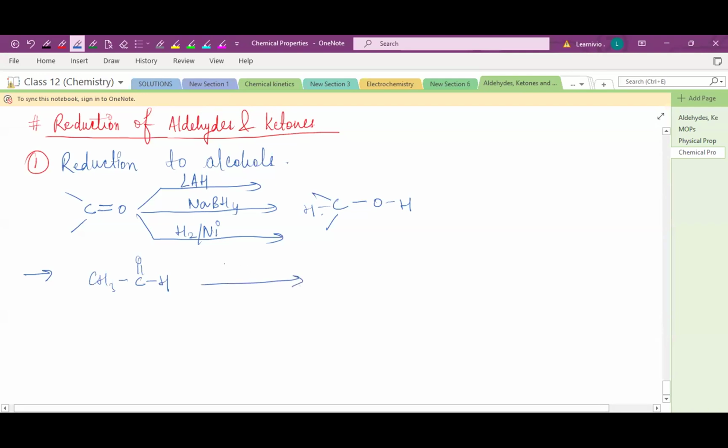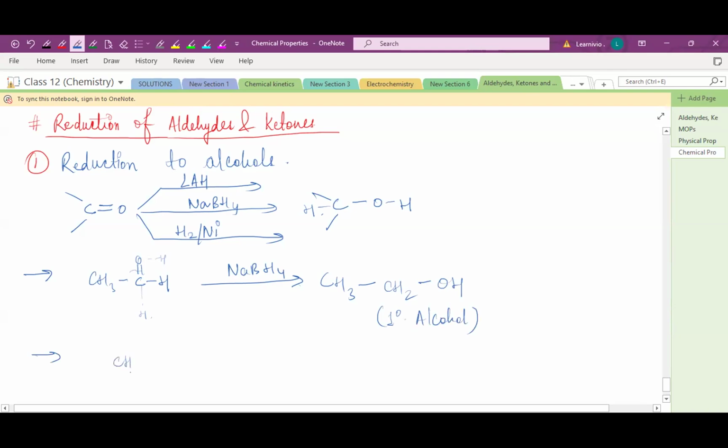If you use sodium borohydride, NaBH4, you break this bond, give one hydrogen to the oxygen and one hydrogen to the carbon. So it will form CH3CH2OH. So if you reduce the aldehyde, it will reduce to the corresponding primary alcohol.